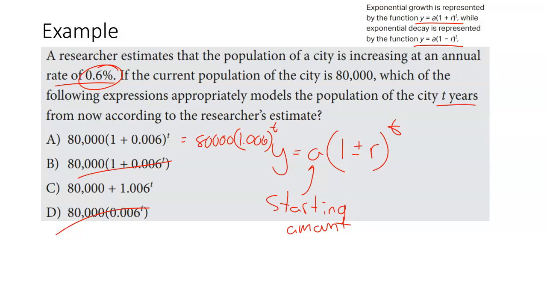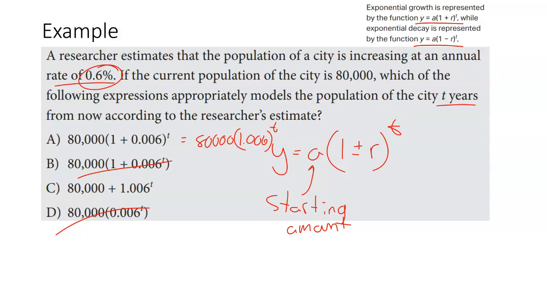You need to recognize that similarity there. And if it's a rate of decay, say the population is declining by 0.6% per year, we would do 1 minus that 0.006 to get 0.994. Okay, we would do the subtraction in order to get that value in the middle. But that's our exponential equation.